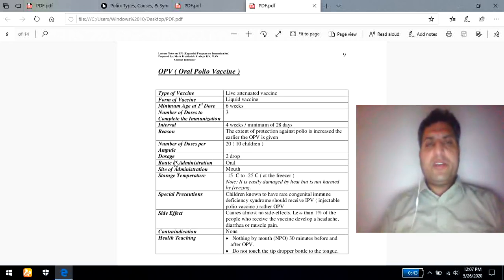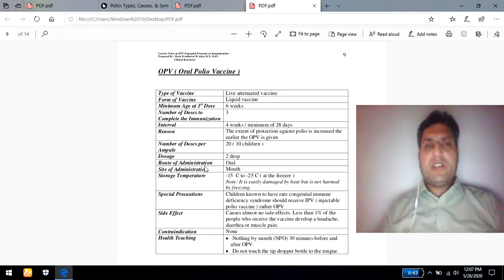How much quantity should we administer, the dosage? They have basically mentioned 2 drops, but keep in mind, 2 to 3 drops is the basic dose. This should be administered to newborn babies and children.